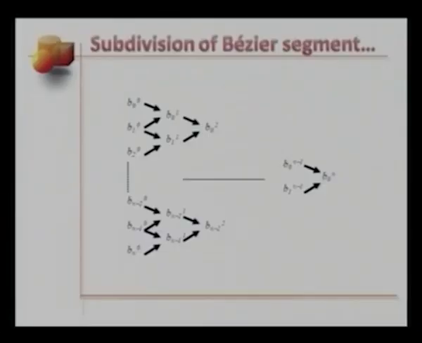What we saw previously was a little involved algebra to compute the new control points for the first subdivided Bezier segment. We have an alternative, which is surely based on geometry.